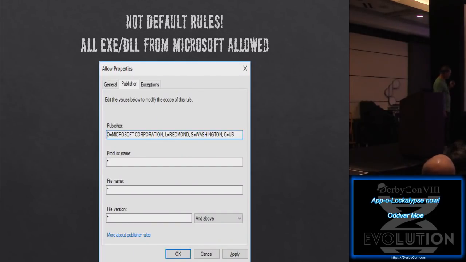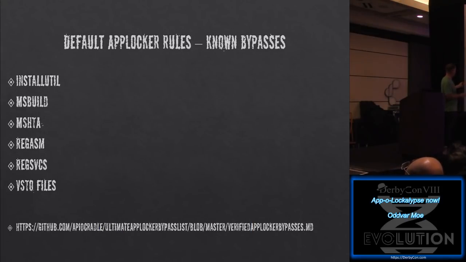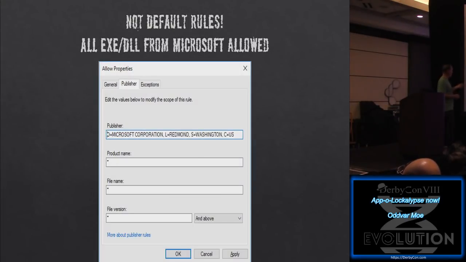If we go beyond the default rules, I've seen places where they allow everything from Microsoft to run. It helps, but it doesn't help, especially when it comes to binaries like exe files. Even though you block these known bypasses and allow things from Microsoft to run, you still run into problems here. There's even more to block.